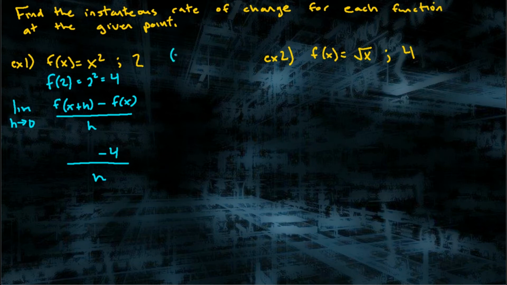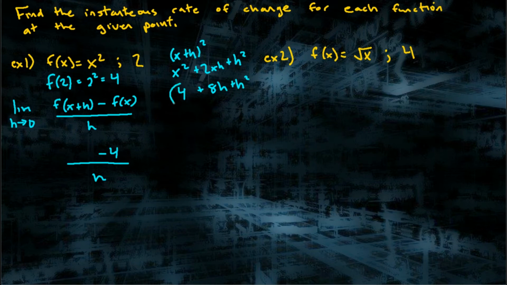That would be this, and that will give me x squared plus 2xh plus h squared. Now I know what x is. X is 2, right? So if I put a 2 in here, that's going to be 4 plus 4h plus h squared.